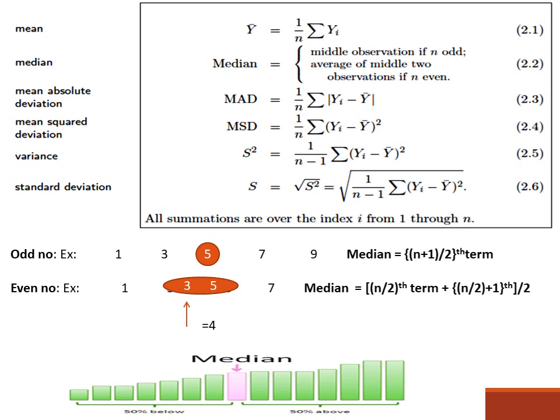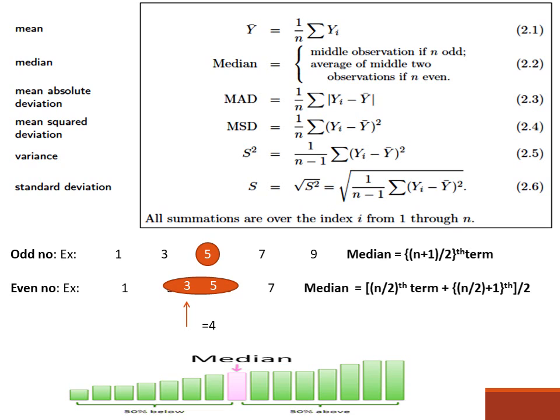But if the data set is even, here the data set n equals 4, the median place will be equal to n over 2, which is 4 over 2, equal to the second place, plus n over 2 plus 1, which is equal to the third place.